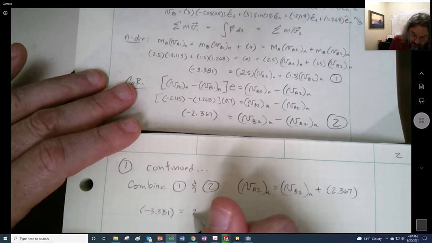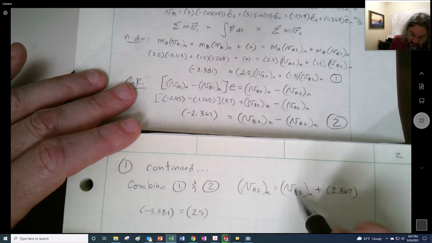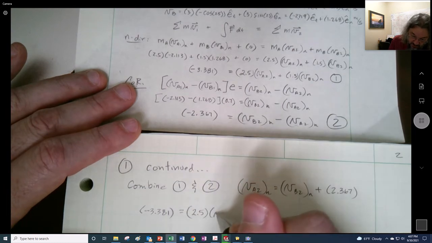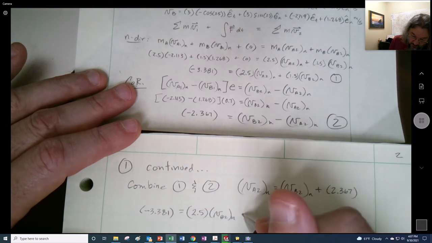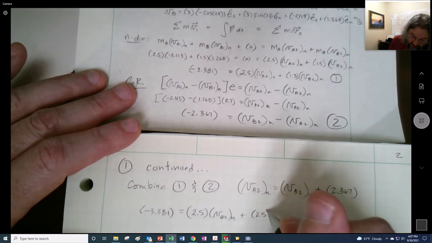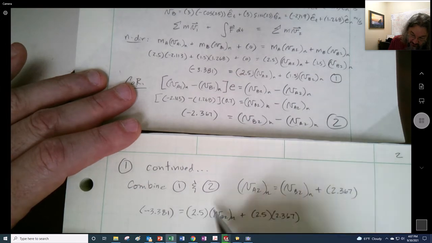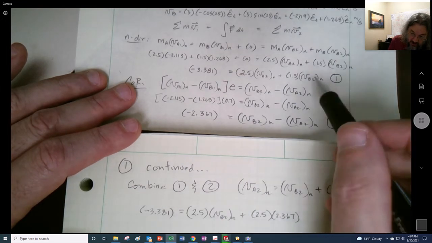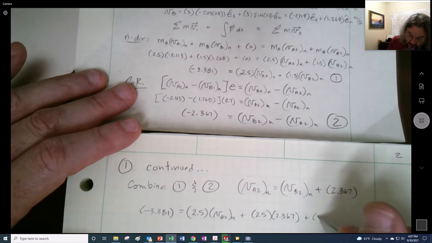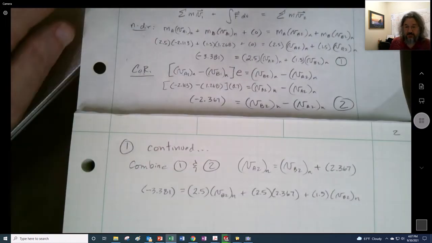It's going to be equal to 2.5 times VB2 normal plus 2.5 times the 2.367, and then plus 1.5 VB2n. Okay.